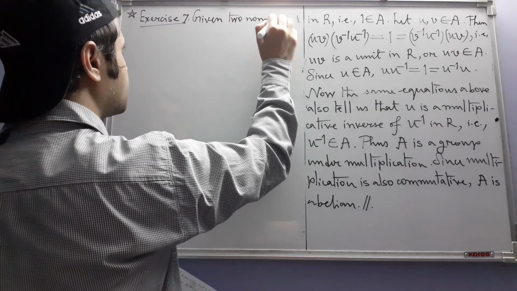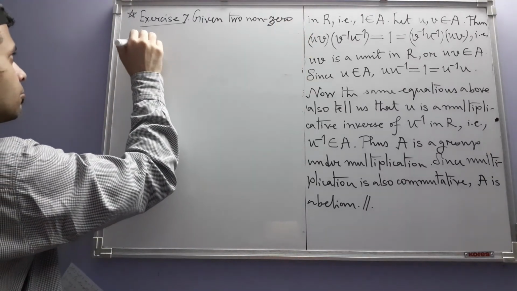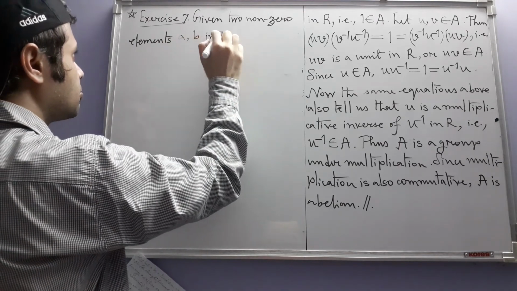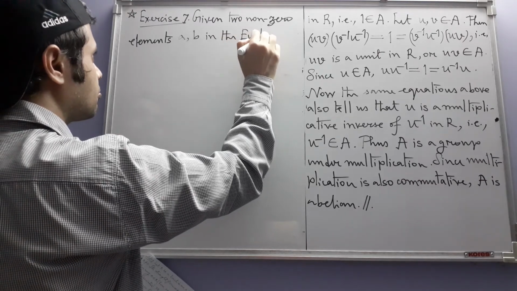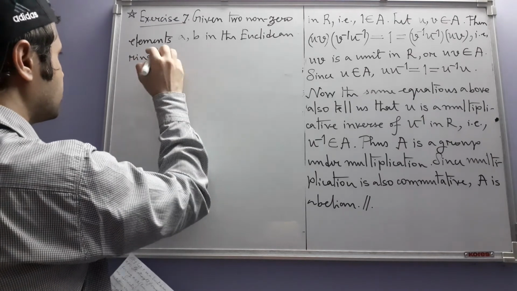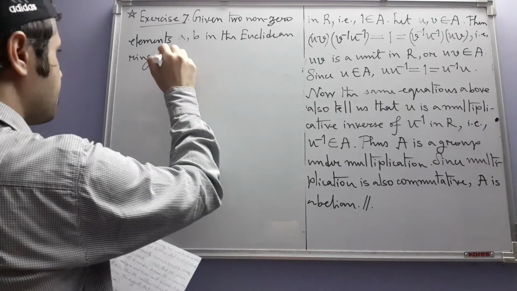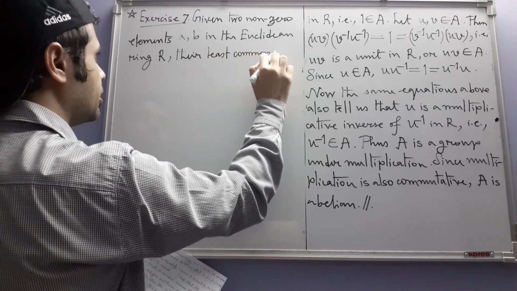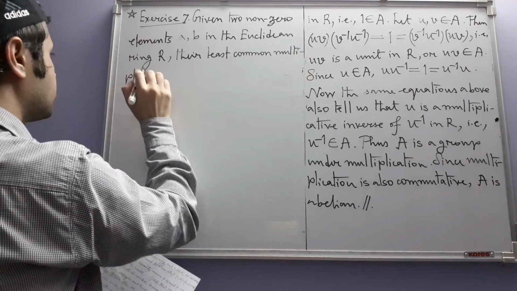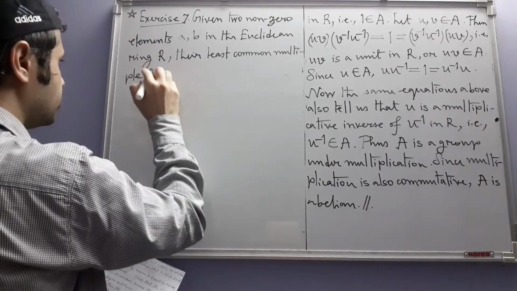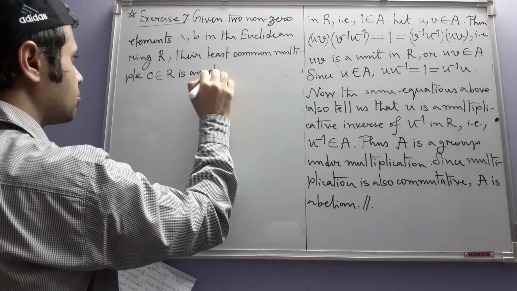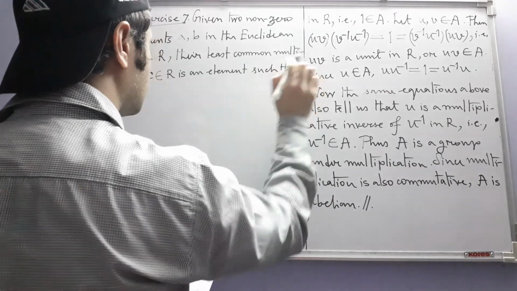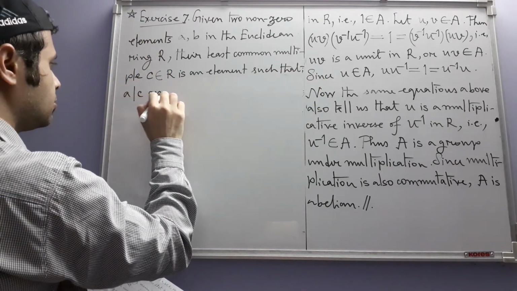Given two non-zero elements A and B in the Euclidean ring R, their least common multiple C belonging to R is an element such that both A and B divide C.